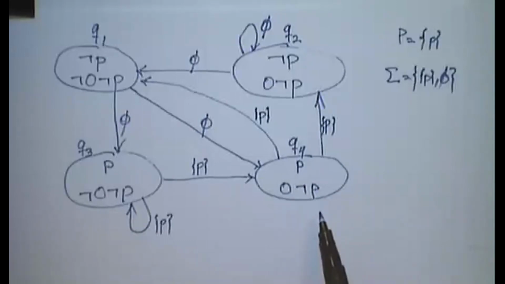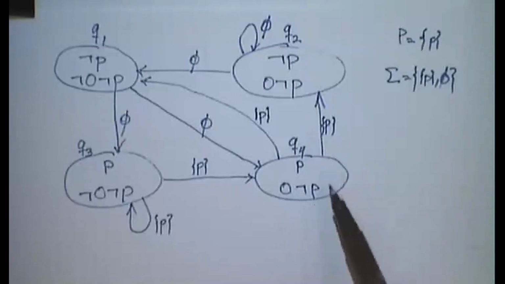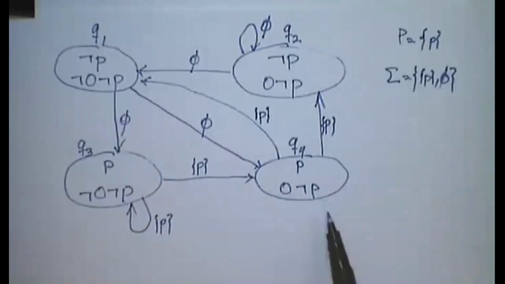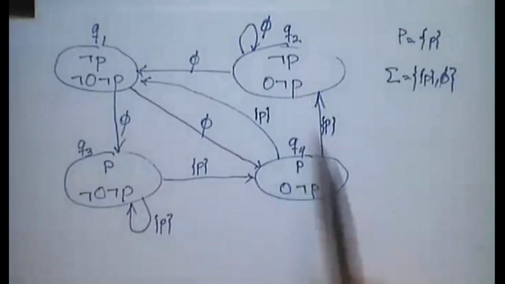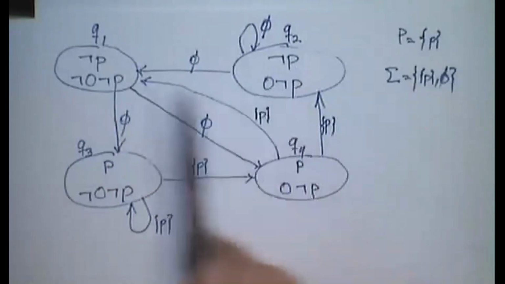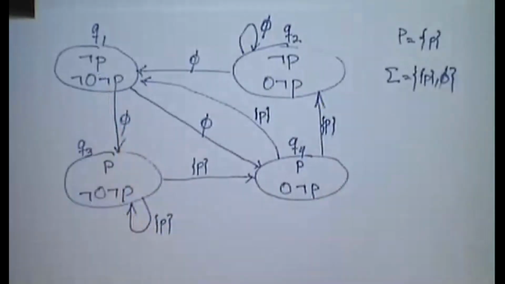Because if I have a string that does not satisfy P, then from the very first letter, it gets rejected because there are no outgoing edges, right? But if it satisfies P, then the only successors that I have satisfy not P, because I only have edges to Q2 and Q1. So in the next step, if it doesn't satisfy not P, then again, in the next step, it will not have an outgoing edge and gets rejected.